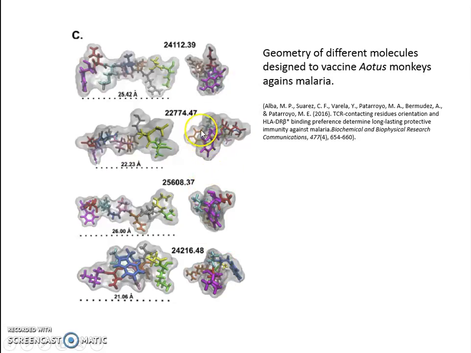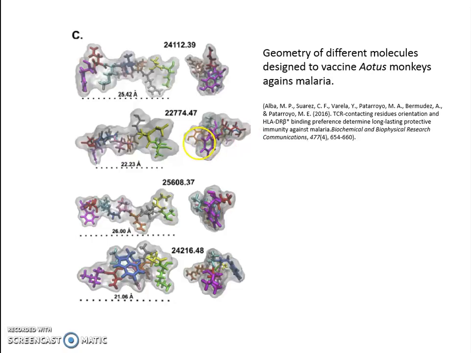They have some specific shapes that allow the molecule to be attached to the MHC, the major histocompatibility complex. Here, the joint will determine if a monkey can be immune to the response to malaria. So it's very important for the advance of science just knowing the shapes of the molecule.